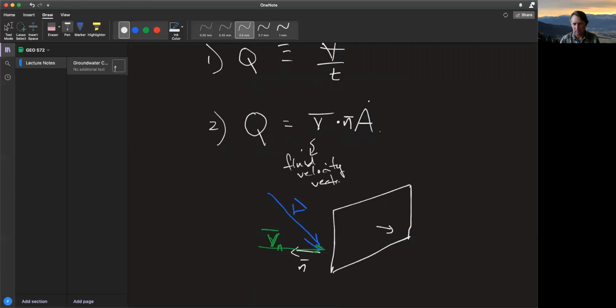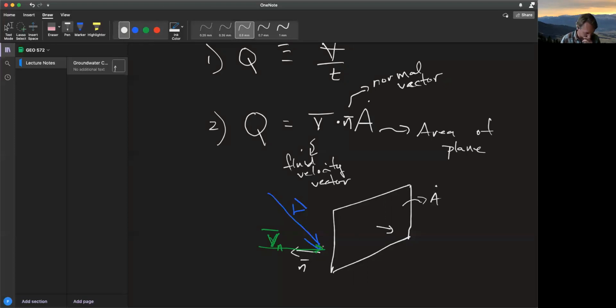This is our normal vector. And this is the area of the plane. So this guy has some area A.